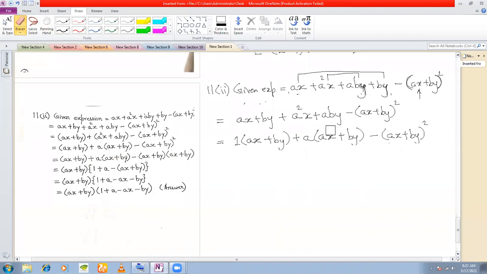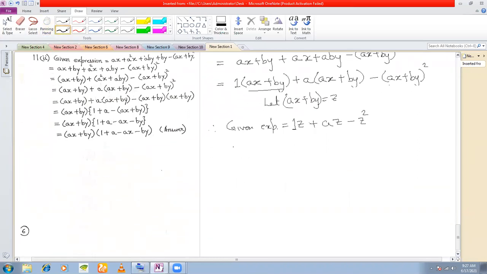So what we do here, just as in the previous one, is let ax plus by be equal to z. Therefore the given expression becomes z into 1, which is z; if you want, you can write 1 into z, plus az, minus z square.